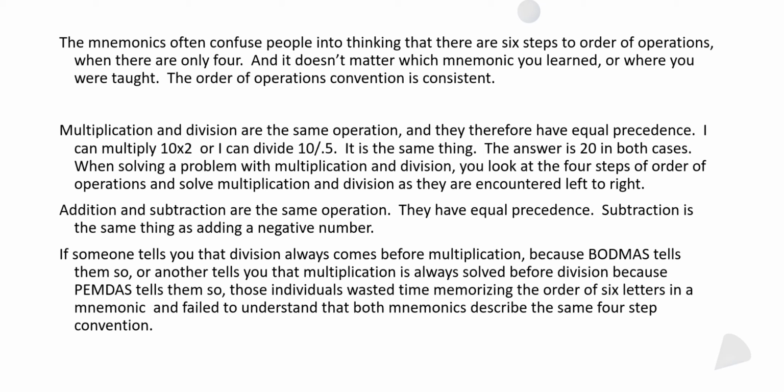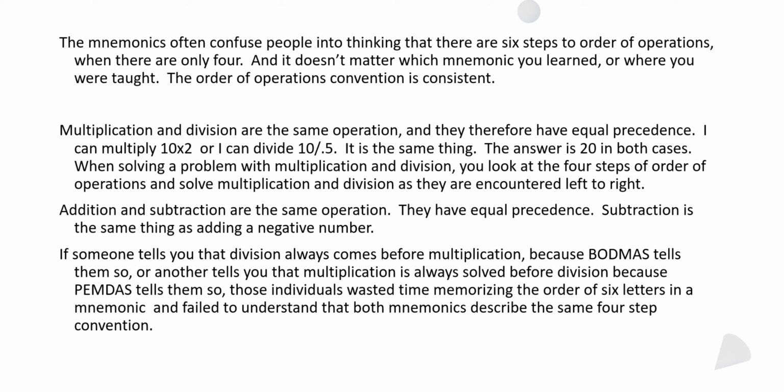So it's not different in the USA from the UK, from Singapore, from China, from Japan. It's all the same. Multiplication and division are the same operation, and they've got equal precedence. I can multiply 10 times 2, or I can divide 10 by 0.5, or 10 by 1/2. It's the same thing. The answer you're going to end up with is 20 in both cases.